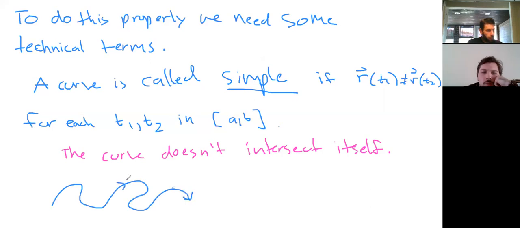So remember, every curve that we parametrize, we are giving it a direction. So this guy right here is simple. Now let's draw one that wouldn't be simple.